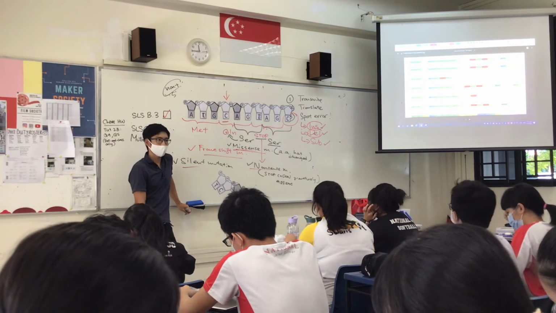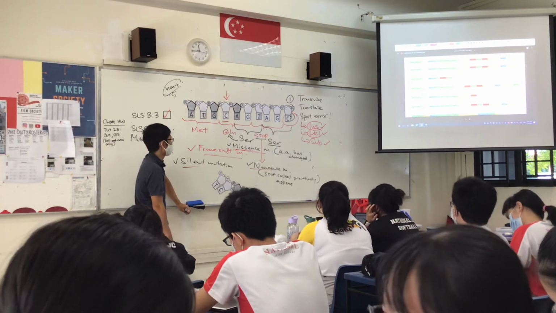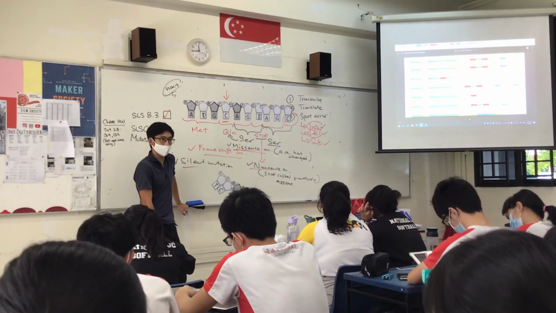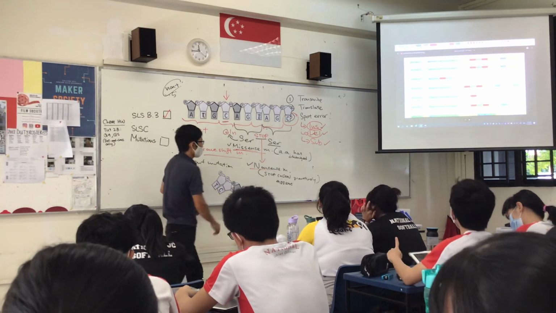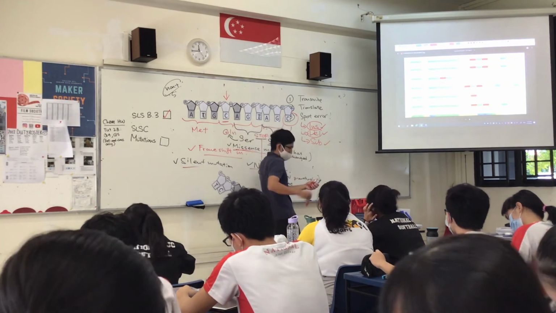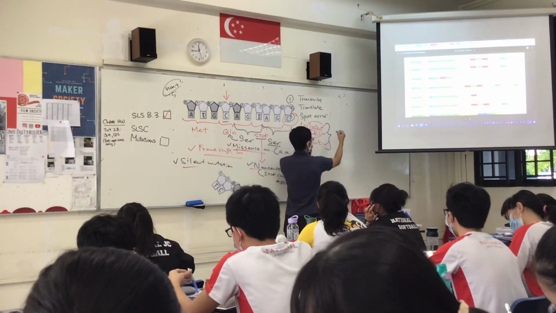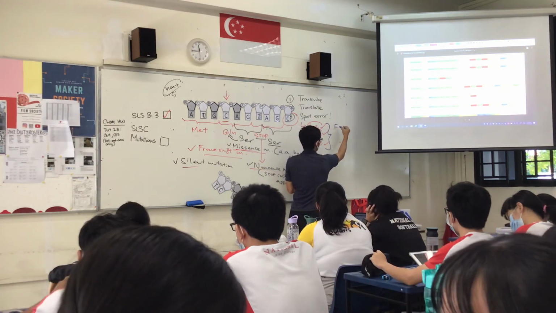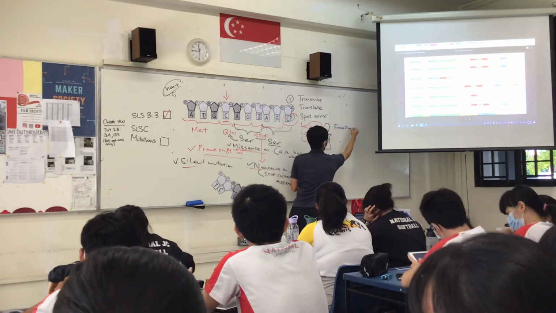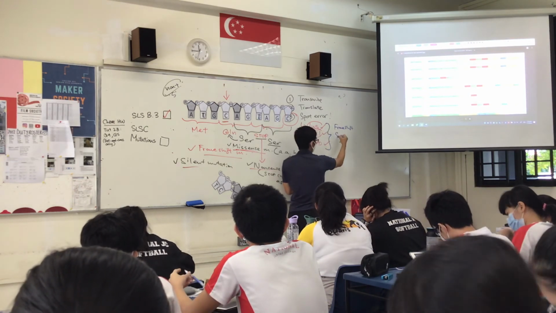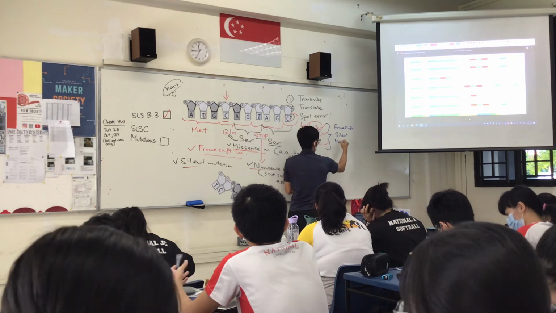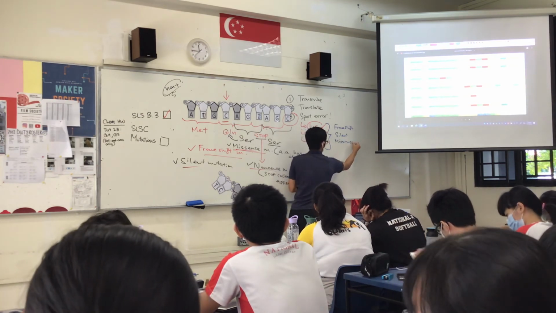So this is a skill to pick up. I'll give you some time to take down some notes on the 4 kinds of mutation that can arise from insertion, deletion, and substitution. You can have frame shift, silent, missense, and nonsense.